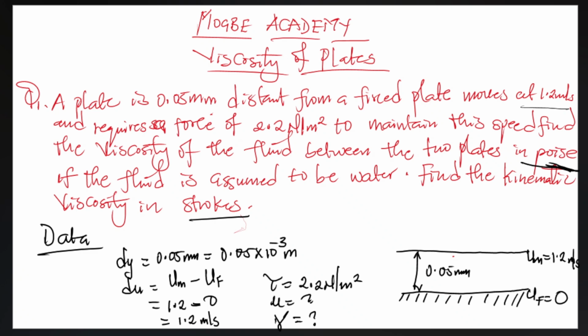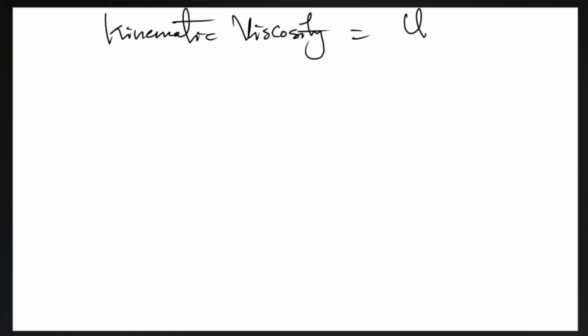Density of what? Water. Now to find our kinematic viscosity, we know that kinematic viscosity is equal to dynamic viscosity divided by density. In this case, we are taking our density to be the density of water.